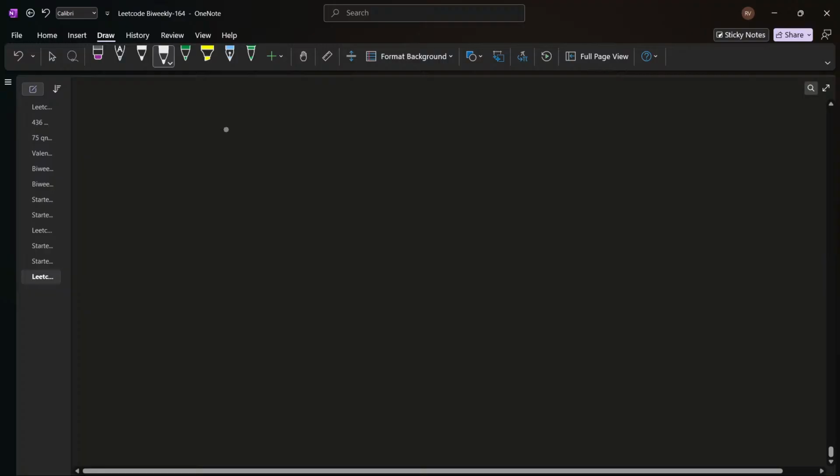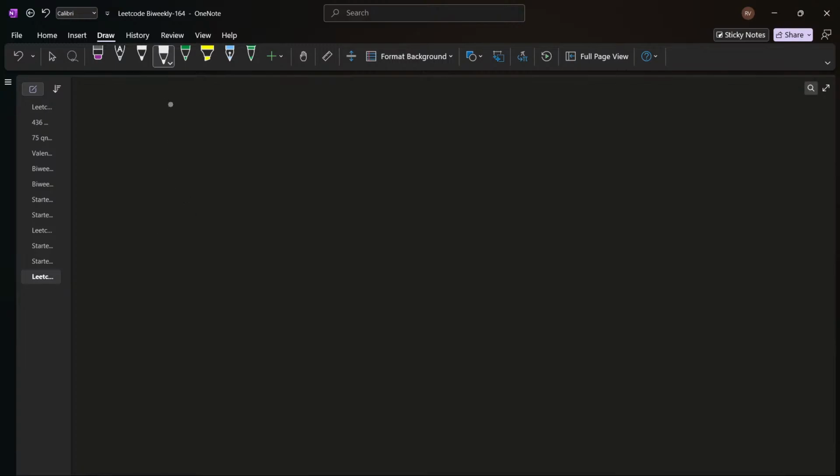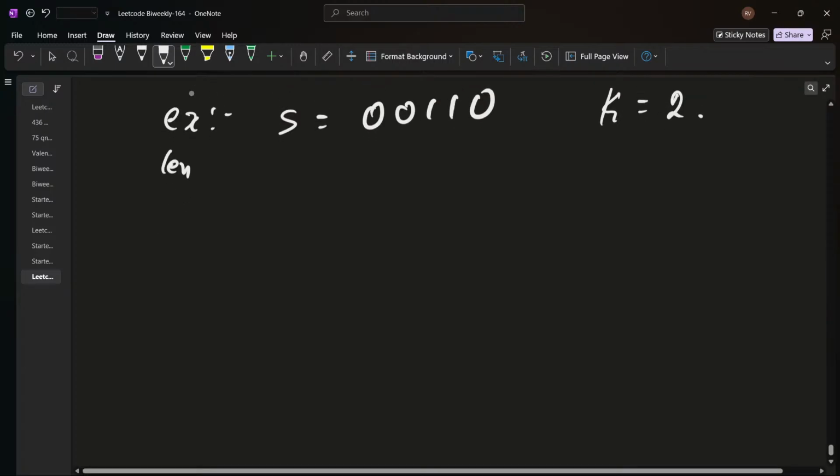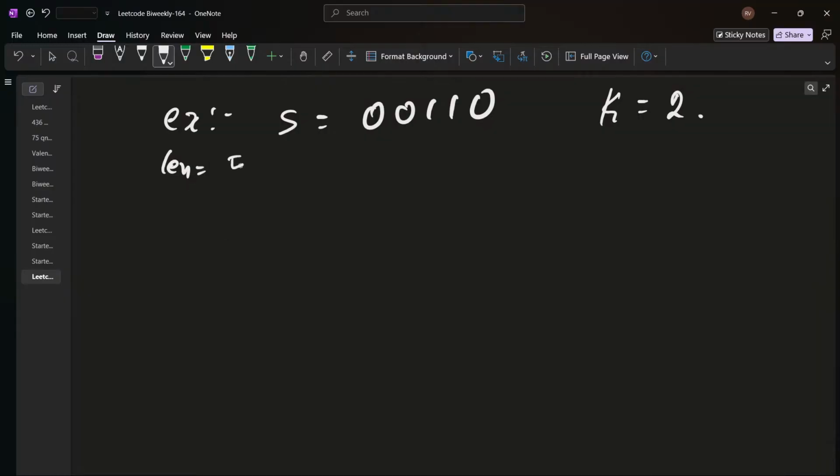What will we do here? We'll take the length of the string. The length n is equal to 5. The count of zeros, z, is equal to 3.